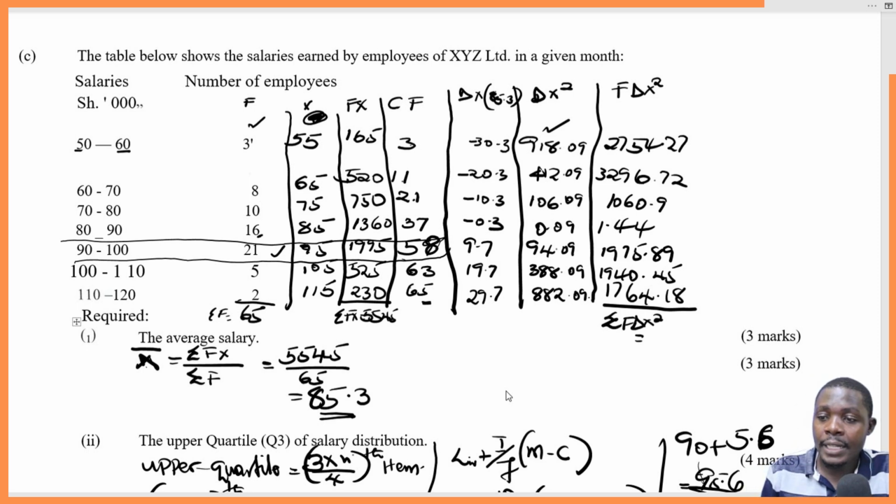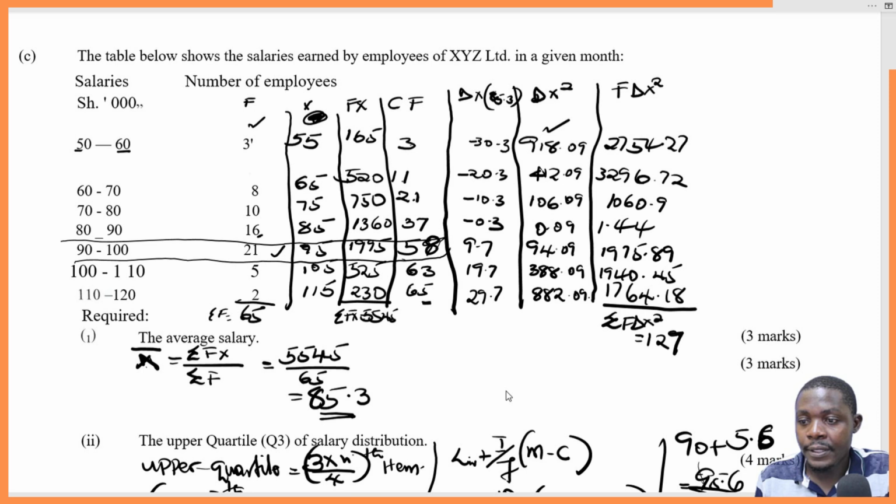If you add, you get the total as 12,793.85.